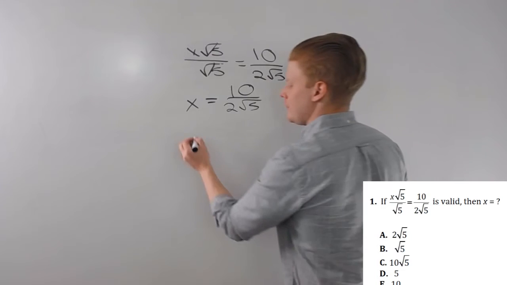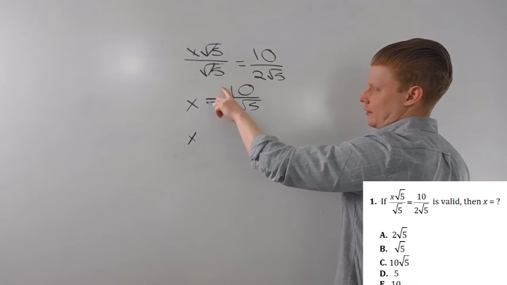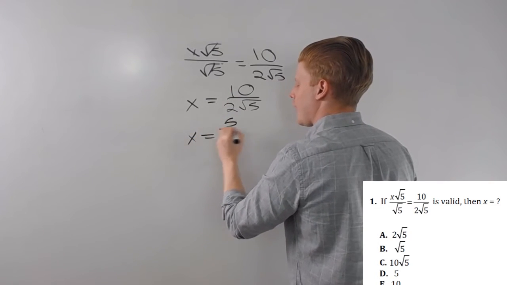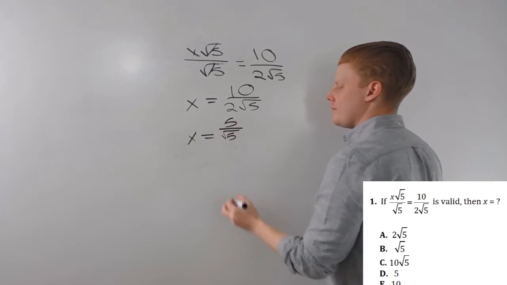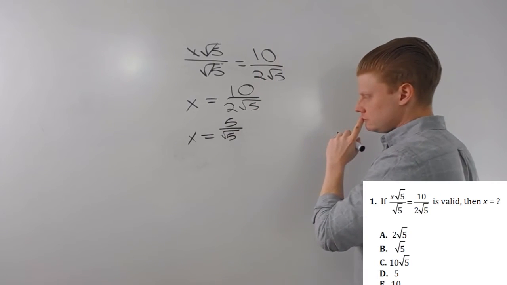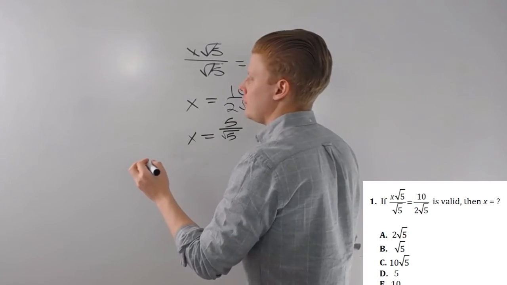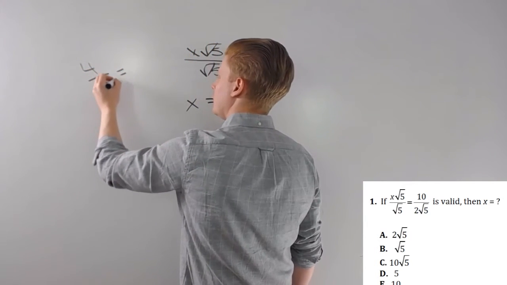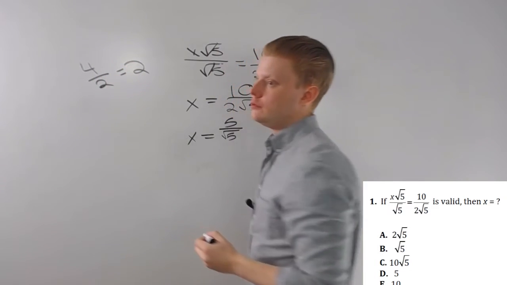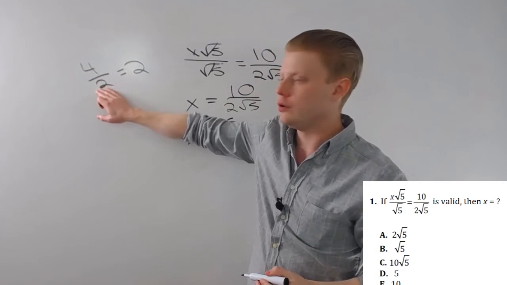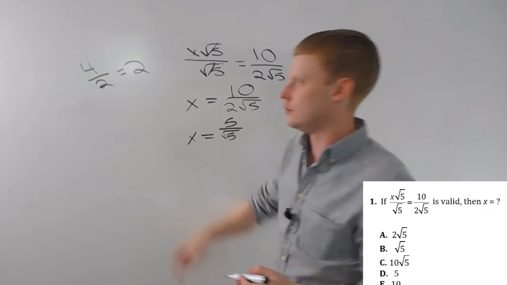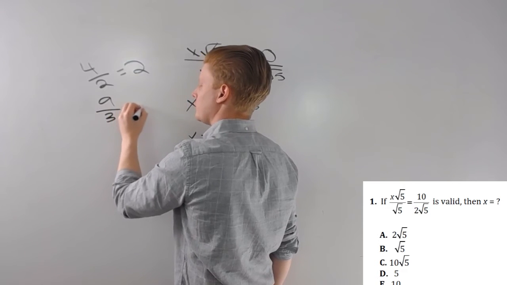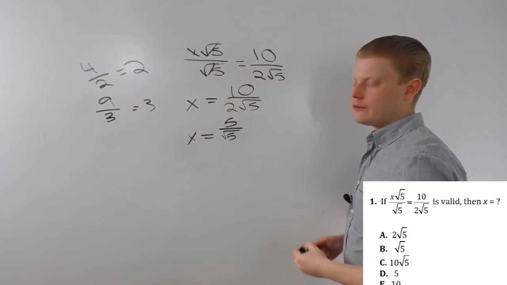So do it in pieces. This is kind of intimidating. You can do this in a calculator if you wanted, but I would think 10 divided by 2 is 5. So I would have 5 over the square root of 5. And this is a point I really wanted to get to. When I divide a number by its square root, so let's say I have 4 divided by its square root, which is 2, the answer will be the square root. 4 divided by 2 is the square root of 4. 4 divided by its square root is its square root. 9 does the same thing. 9 divided by 3 is 3. 25 divided by 5 is 5.